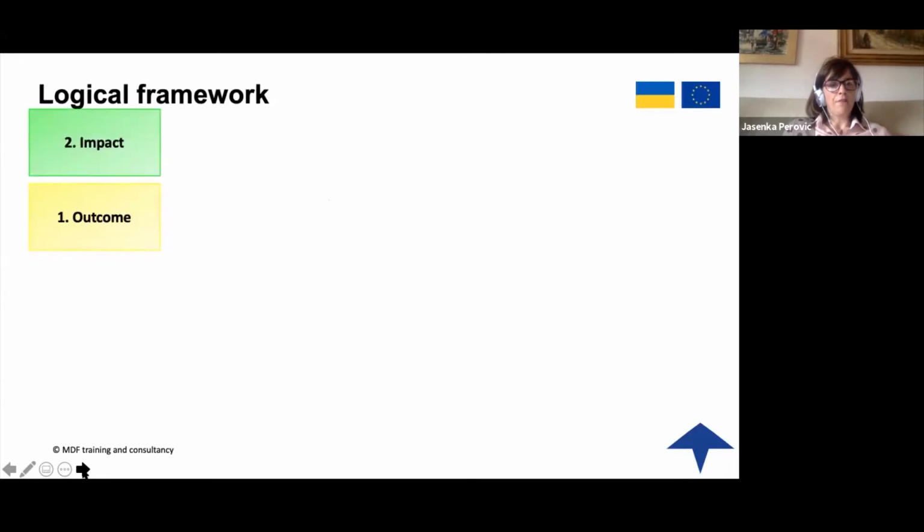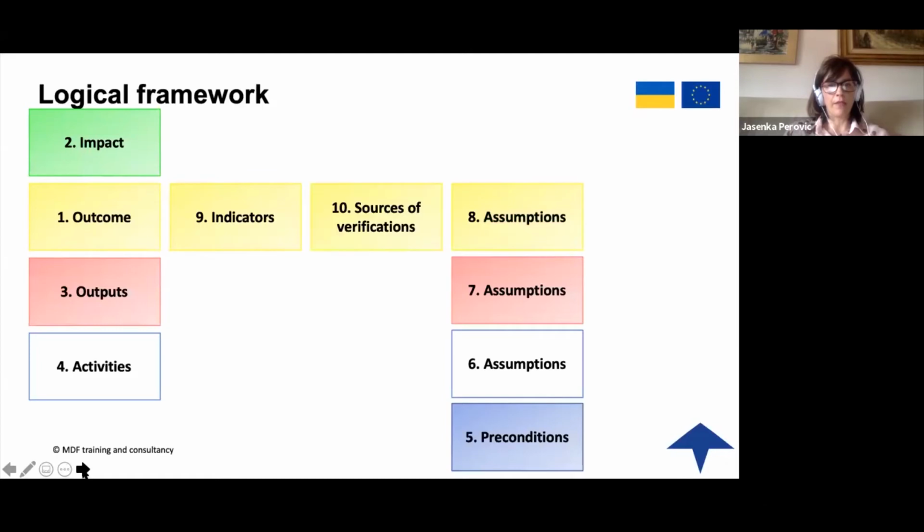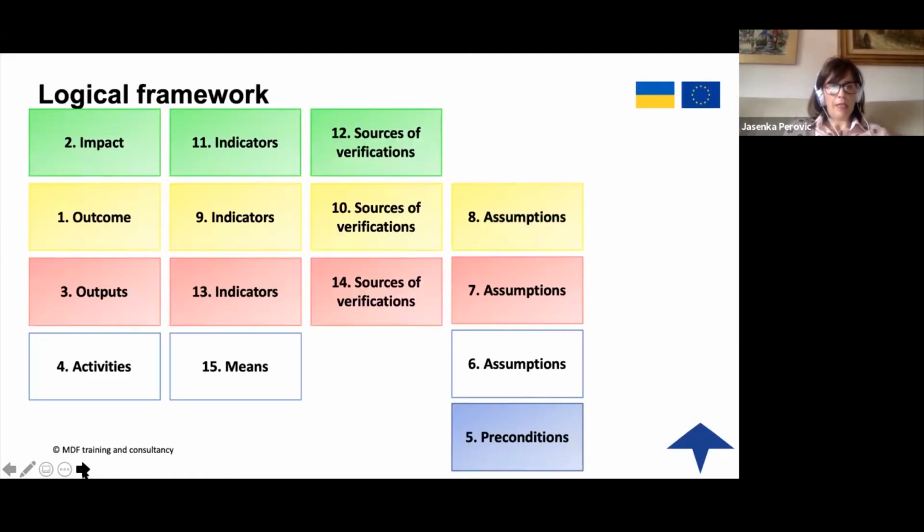A logical framework has 4 columns and several rows. Of course, for you to fill in all of them, you cannot just sit with the logical framework template and start filling it in.